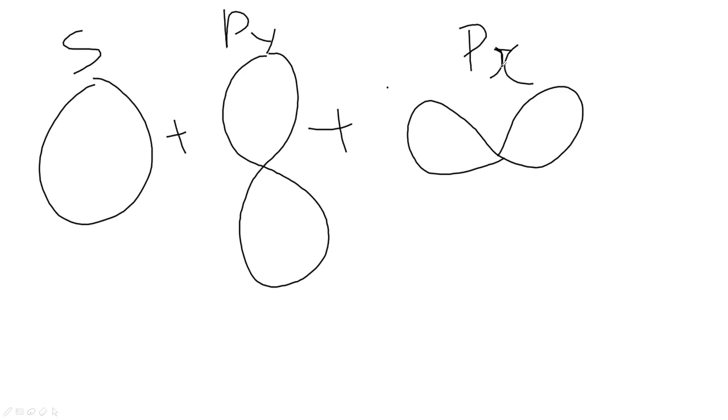So watch this. When they combine, I need space, so I'm going to erase this. When they combine, they form this. It's not going to be what you think. This is what they form.